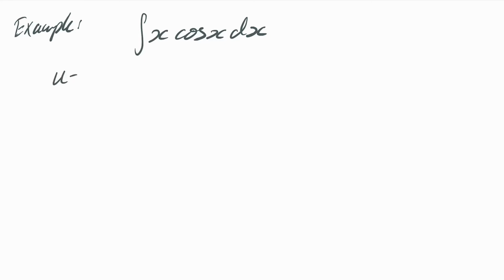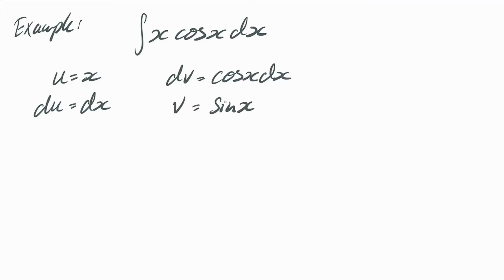Let me let u equal x, so that du is just dx, and let dv equal cos x dx. I'm after turning this integral x cos x dx into u dv. So if I identify u equals x, dv equals cos x dx, v is sin x.